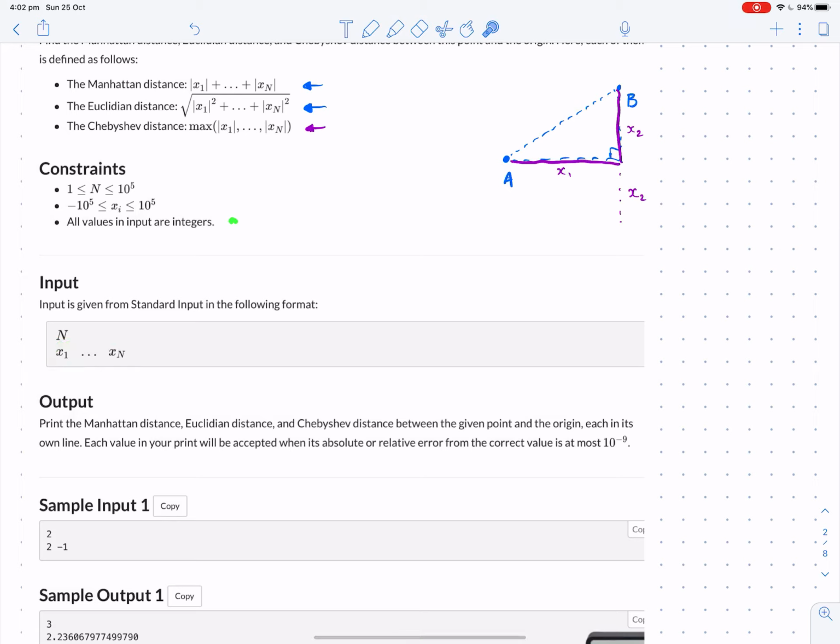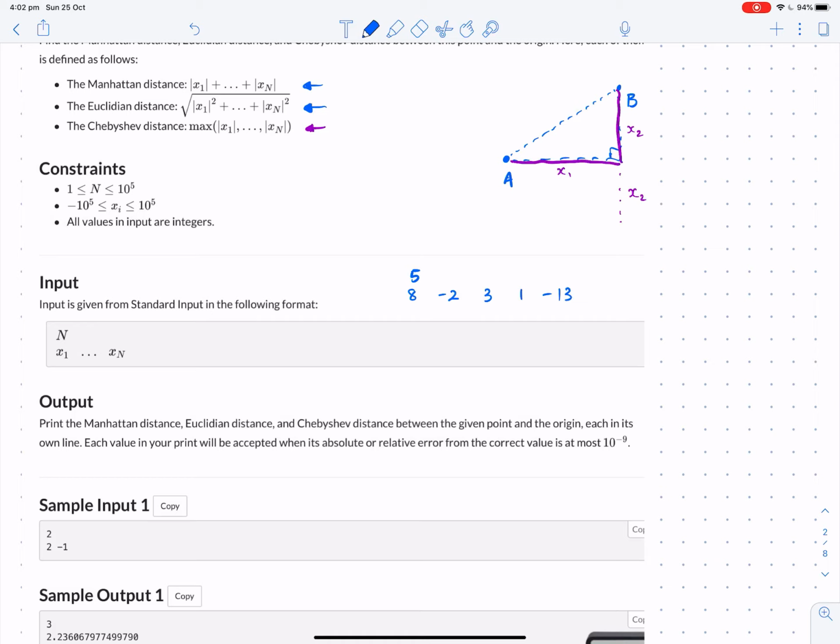Yes, it says here all values in the input are integers. I'll make up a sample input here that's more interesting than the one we're given. Let's say we're given 5 and our values are 8, -2, 3, 1, and -13.